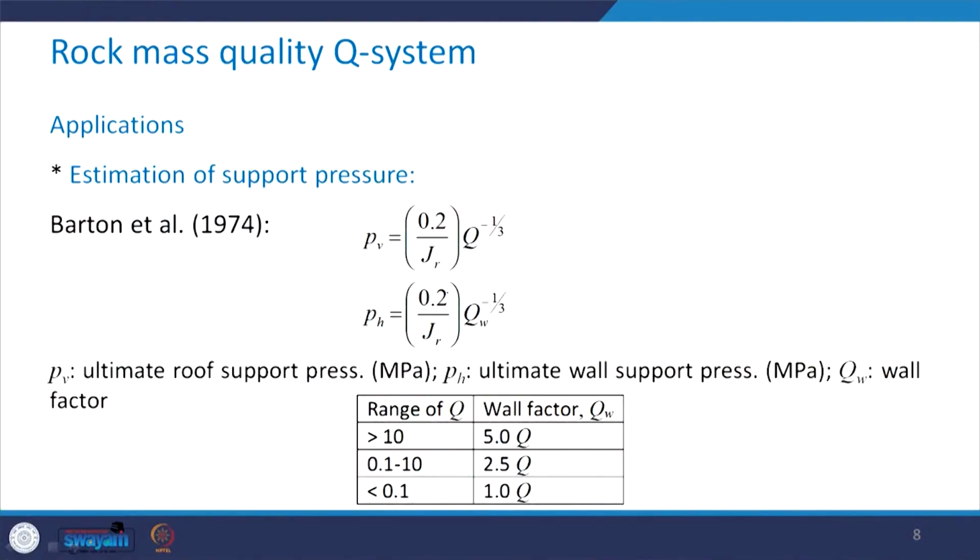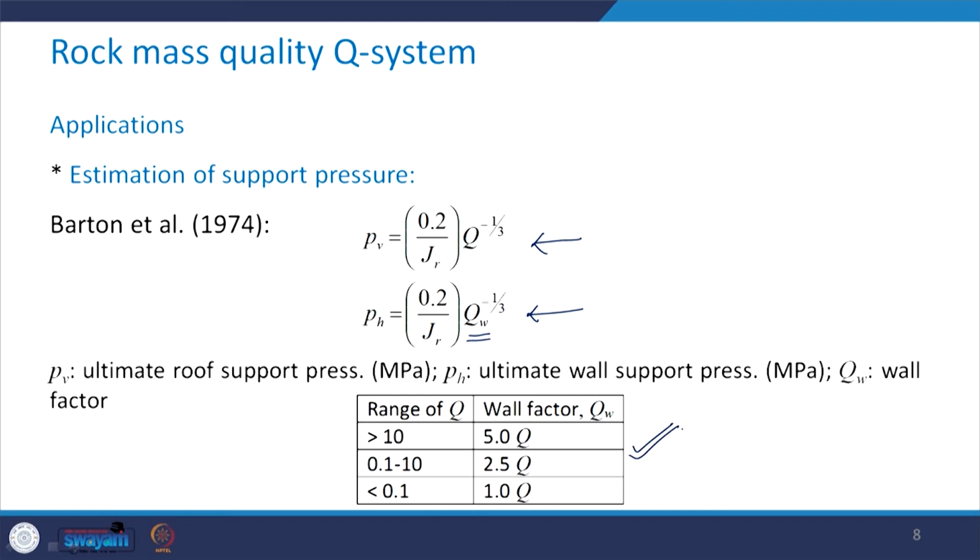The vertical roof pressure is given by this expression, and the ultimate wall support pressure is given by this expression PH, and you can see that here a term wall factor comes into the picture. So depending upon the range of Q, you can assign the value of wall factor as per this table.